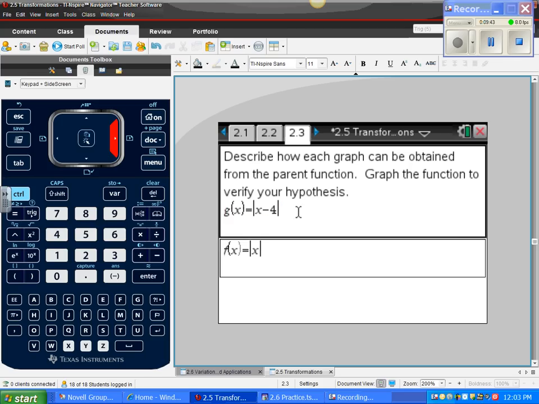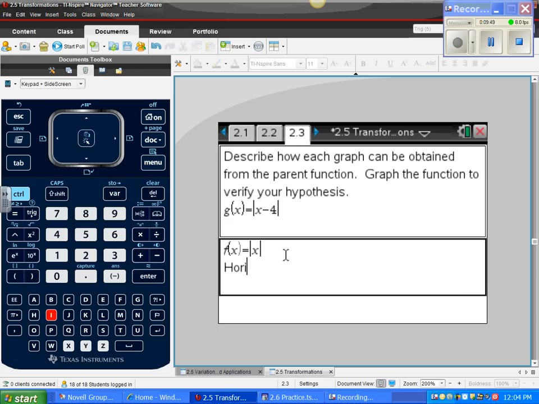We're not subtracting it on the outside to the entire g of x. We're subtracting it from the x specifically. So that tells us that this is a horizontal translation. Okay. And since we're subtracting, if we go back and remember our rules, subtracting means that we are going to the right. And in this case, we were talking 4 units.